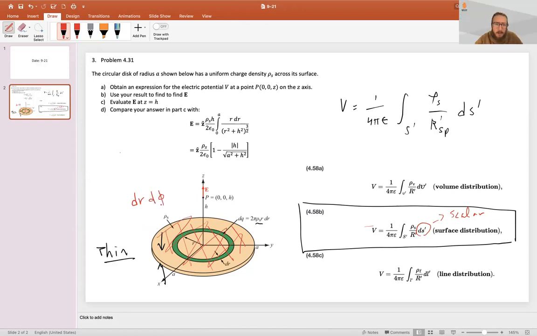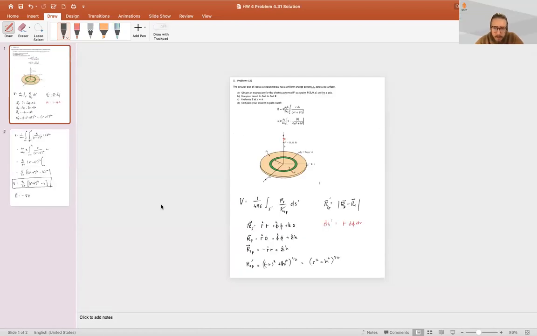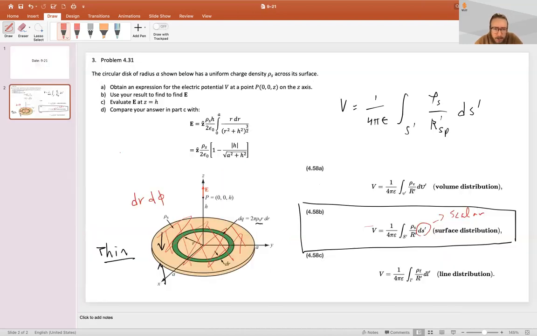Okay, and because this is cylindrical coordinates, you should open your cookbook and say this is cylindrical coordinates. There's probably something special about the dS, and we should double check on that.